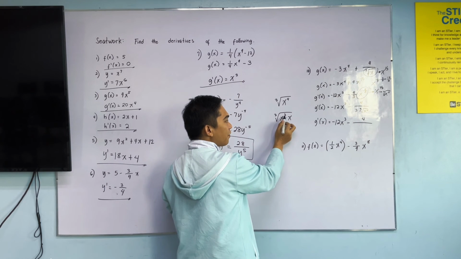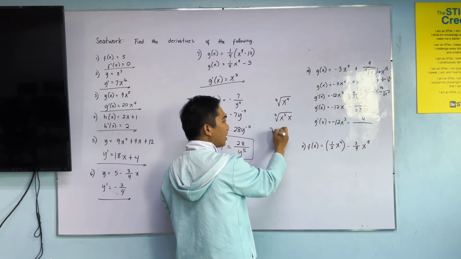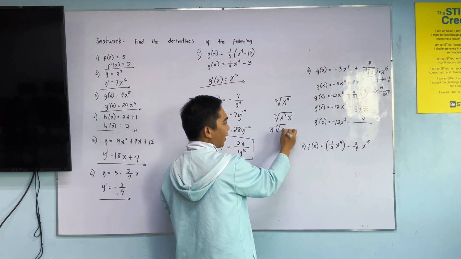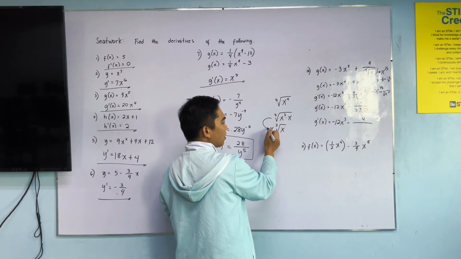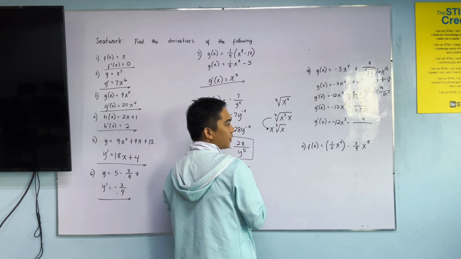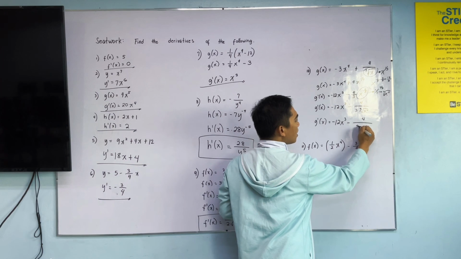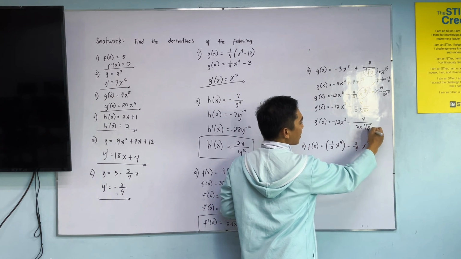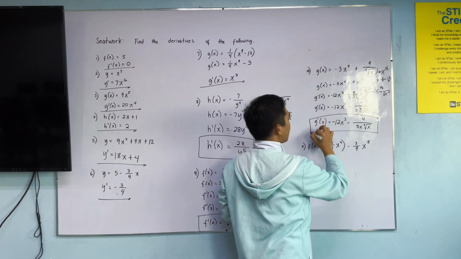Kasi perfect cube. So, mangyari, magiging x cube root of x. Okay? So, pakirecall po ang laws of exponent tsaka laws in radicals natin. So, this will become 3x cube root of x. This is now the final answer.